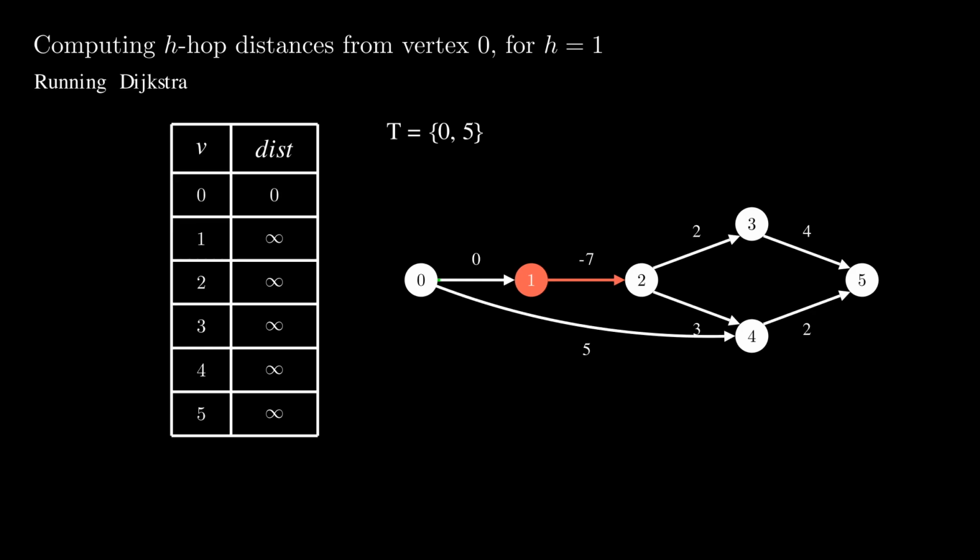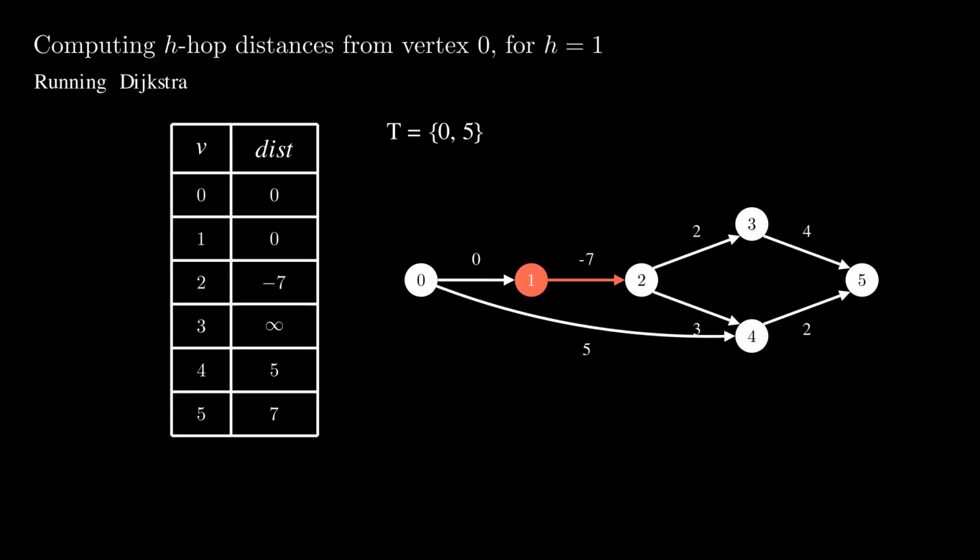So, to compute the h-hop distances from vertex 0 to all other vertices, we begin by running Dijkstra's algorithm. Each time an edge is relaxed, it's indicated by the green flash, and then the corresponding value is updated in the dist array. After running Dijkstra's algorithm on the positive edges, we run Bellman-Ford's algorithm on the negative edges by relaxing each of them exactly once.